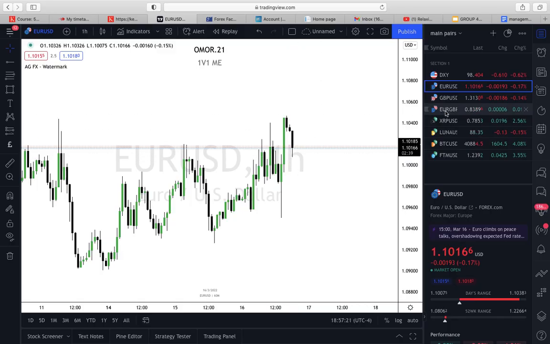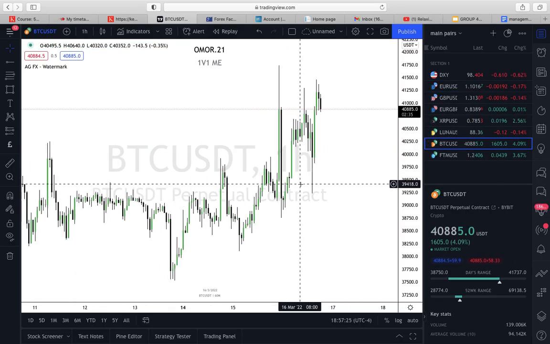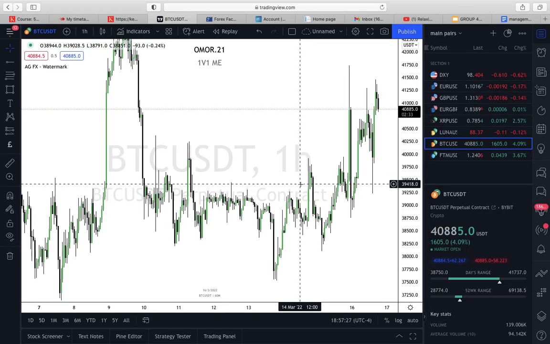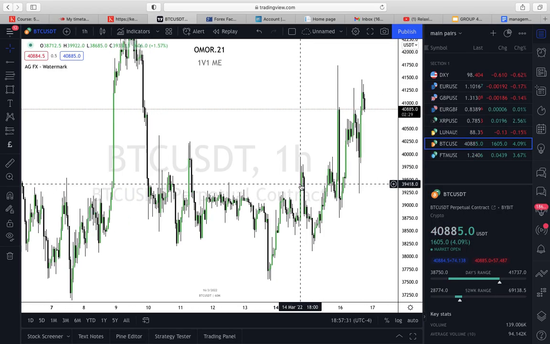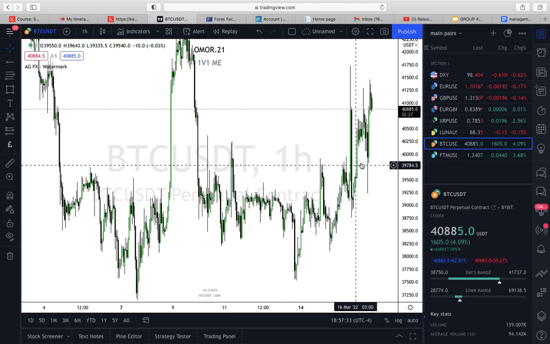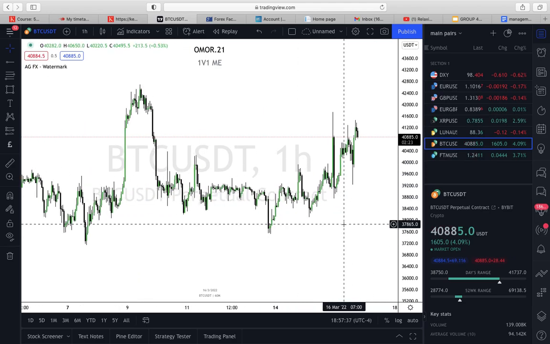Let's look at Bitcoin, and see if we can find examples here. Oh, this is absolutely disgusting price action. I would not trade this, to be honest. You want to see a clear breakout to one side.